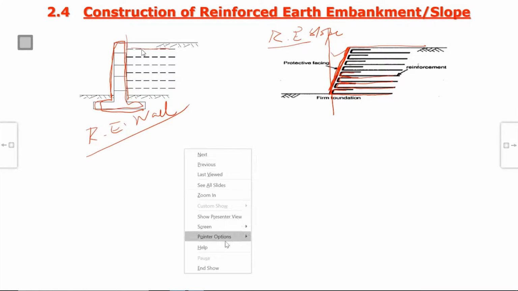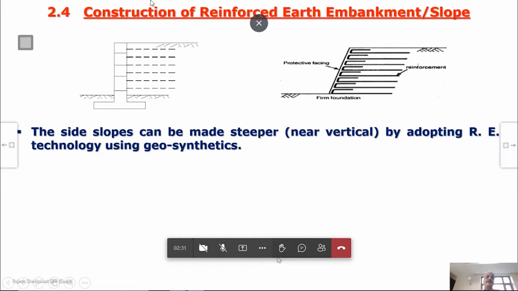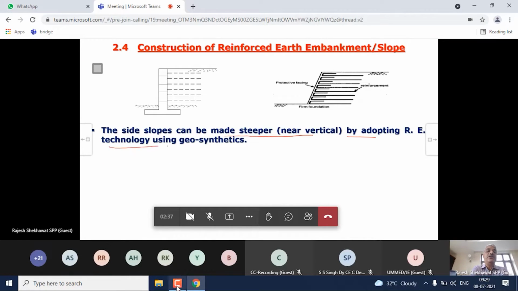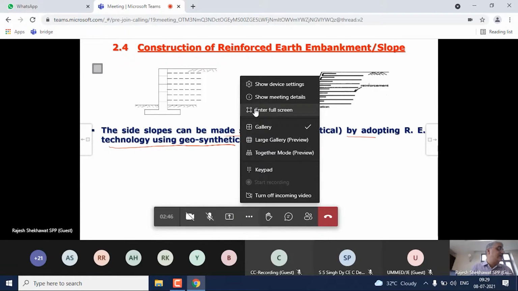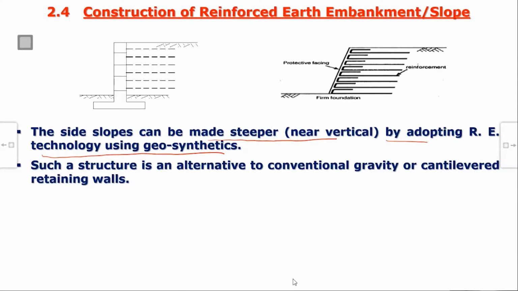Okay, now, as we see, the side slope can be made steeper and near vertical by adopting RE technology using geosynthetics. For the reinforcement type, we use steel also, we'll see this in detail, but nowadays the most common is the use of geosynthetics as reinforcement. The reason we'll see.